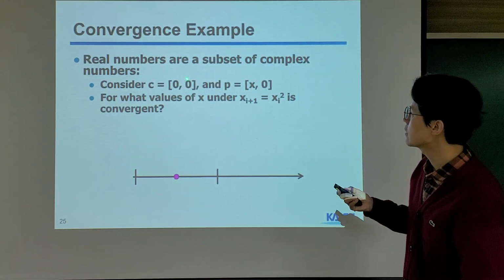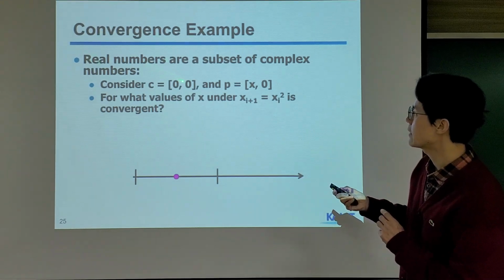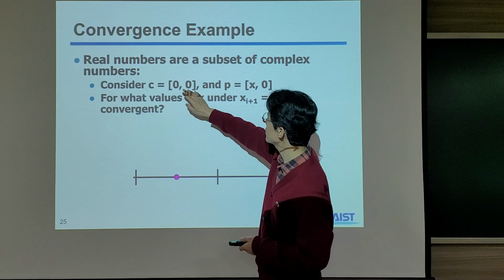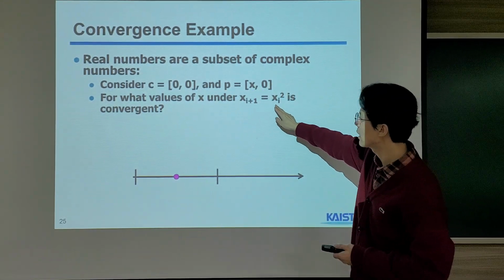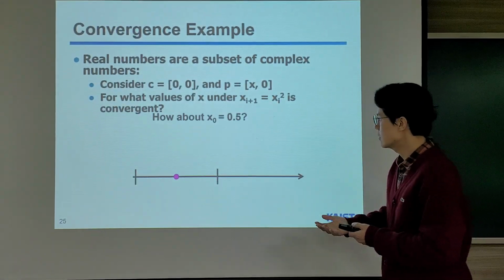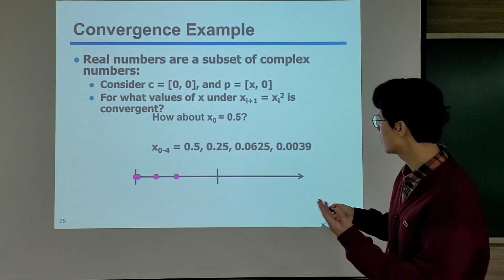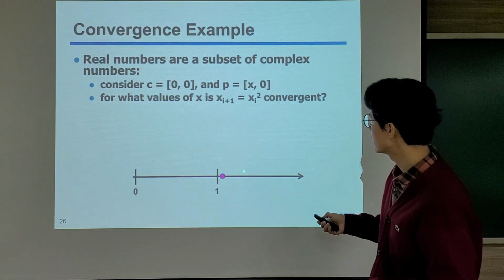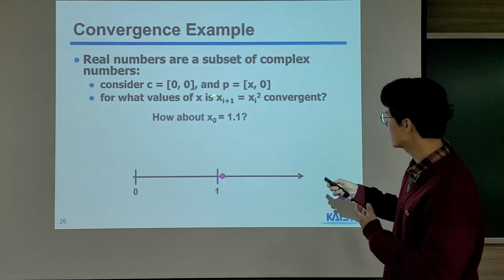In the case of real numbers, it's very simple, right? Assume that c is a very simple value, (0, 0), and p is just a real number. Then the Julia set series reduces to this, and if we keep iterating from an x0 with magnitude less than 1, the limit converges to 0. For some number bigger than 1, obviously it will diverge.